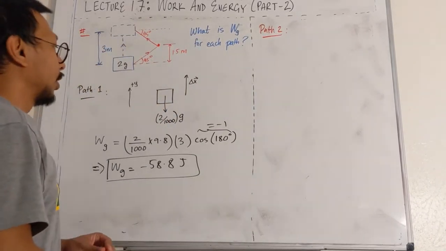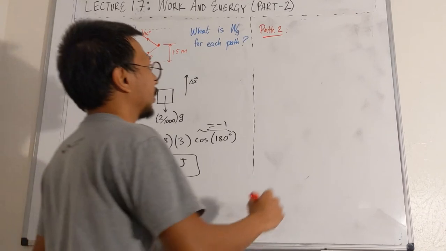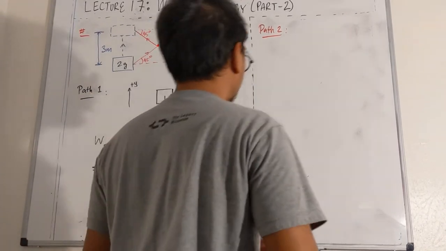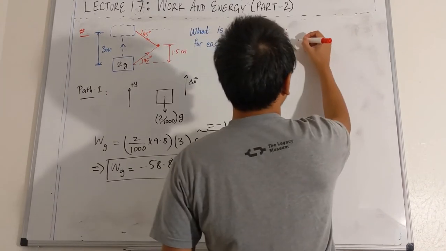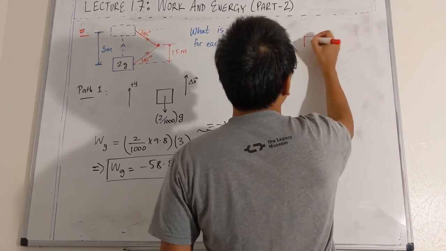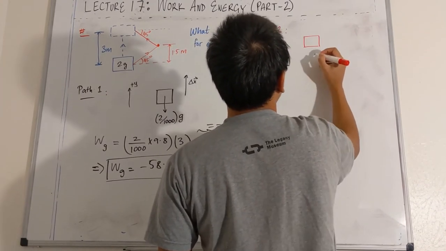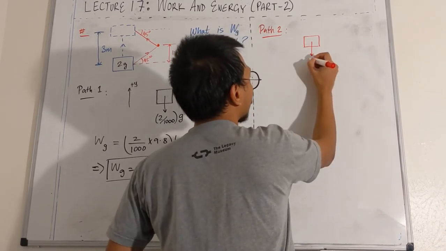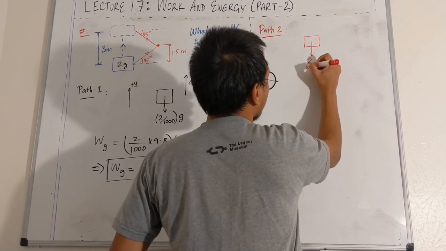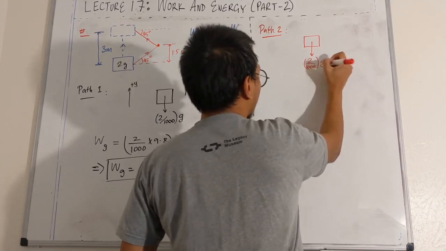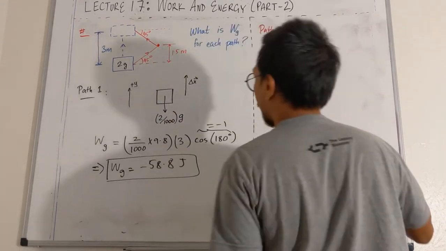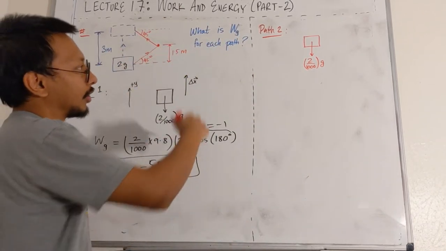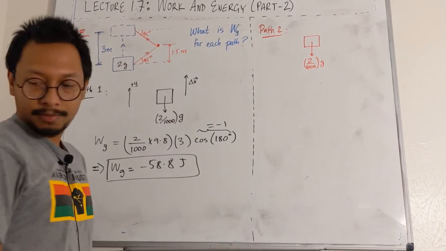Path 2. Now for path 2, again let's draw a free body diagram. What are the forces on it? This is the block of 2 grams, so it will have a weight 2 over 1,000 times 9.8 g, and then the path it follows is in this direction, so it doesn't have any other forces on it.